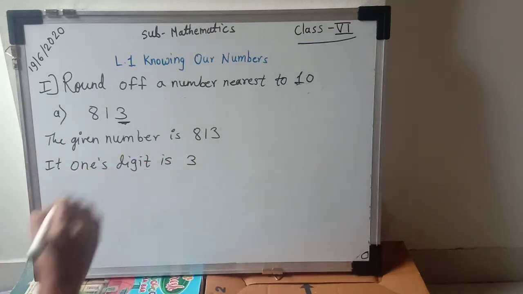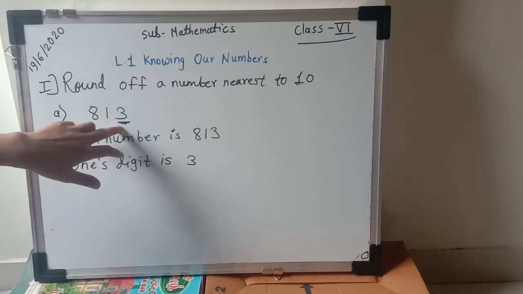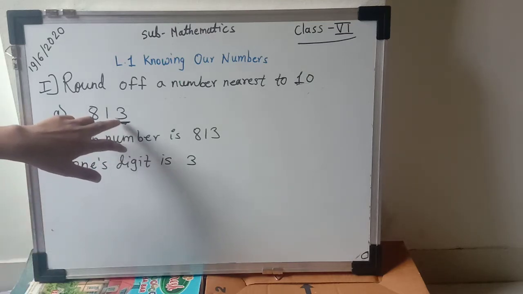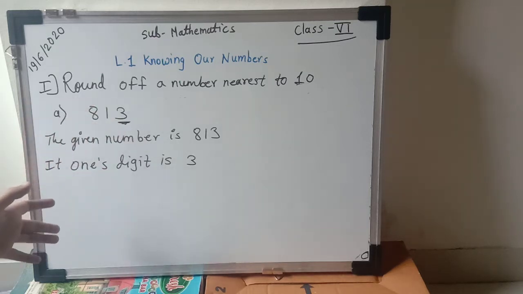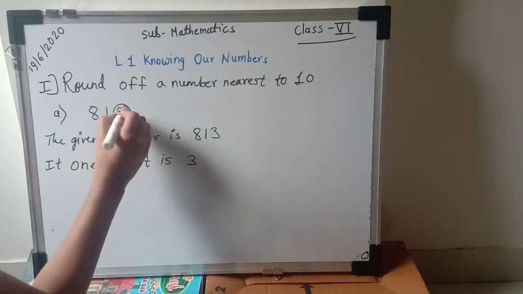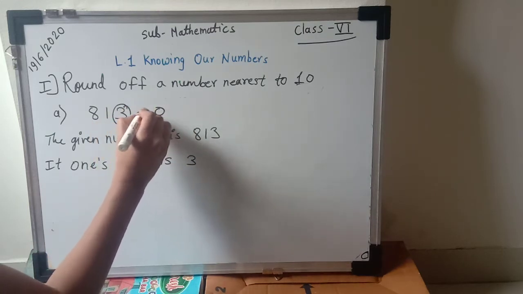The ones digit is 3. Now students, what we have to do if the ones digit is less than 5? Here 3 is on the ones digit and it is less than 5, so we have to replace this place with 0.